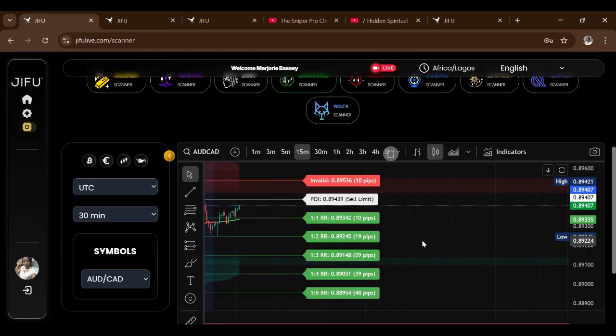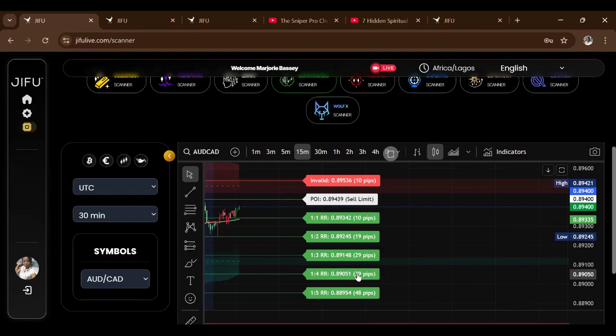So what you do is move ahead of the price and wait for the price in front. If I'm taking a buy stop, I'll take a buy stop at, let's say, 0.89600. You can see that the moment I put a price that is higher than the current price, it showed me place, meaning that it's valid.